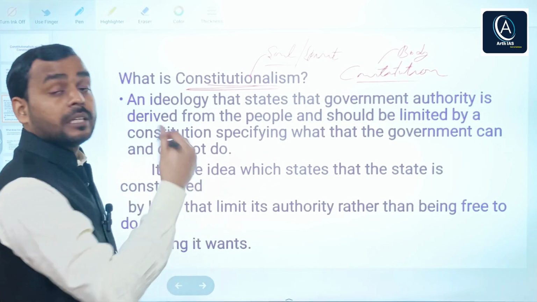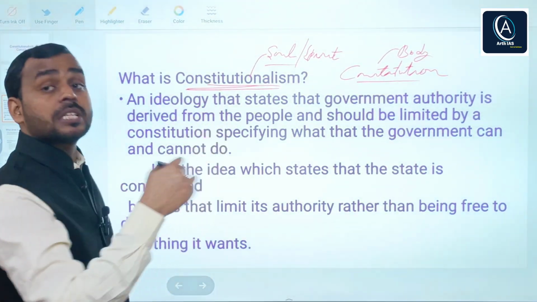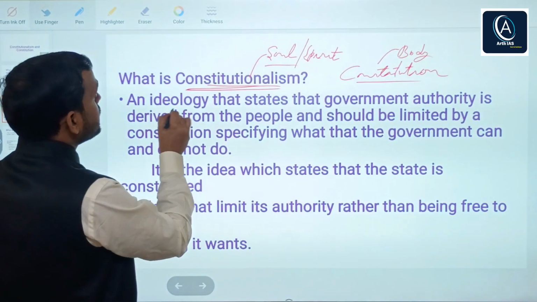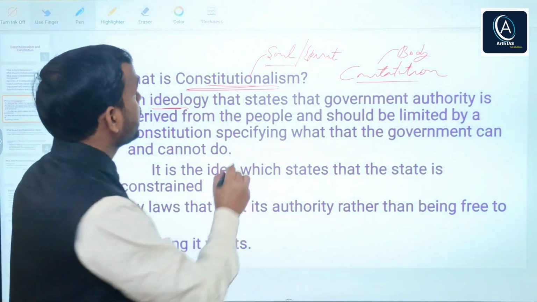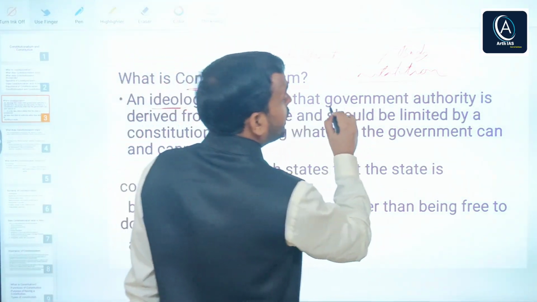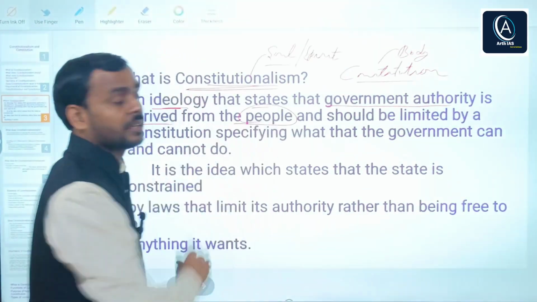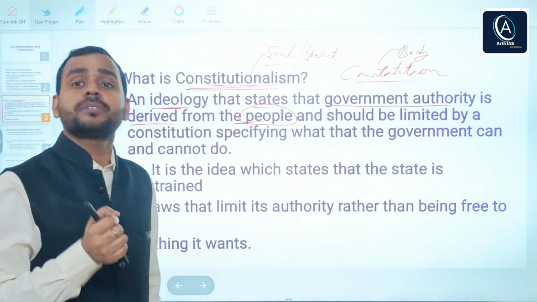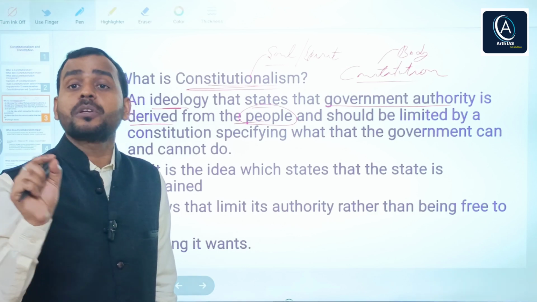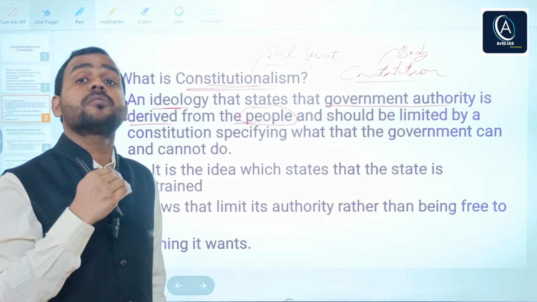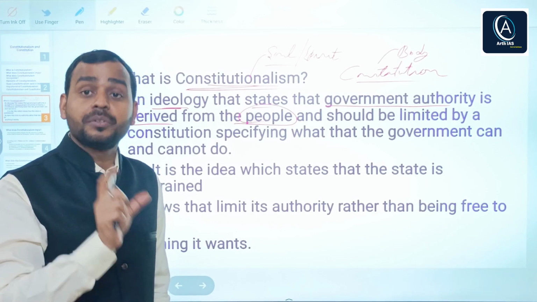So now see what is constitutionalism. It is an ideology that states that government authority is derived from the people. For example, the preamble of India says, we the people of India. So what is the meaning of this phrase, we the people?